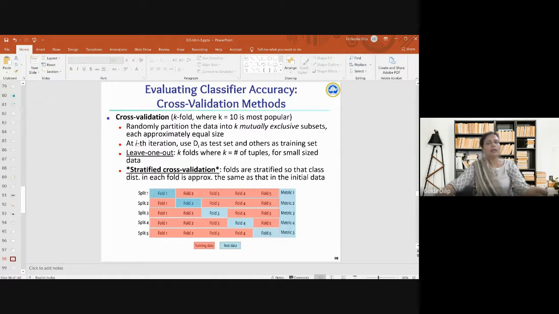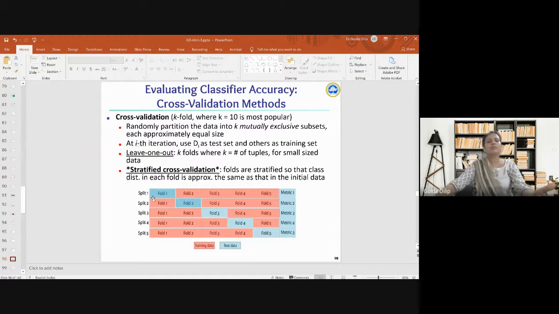If you are splitting it into five folds, k is equal to 5, so the data set will be split into five groups, and the model will be trained and tested five separate times. Each group will have a chance to act as a test set.